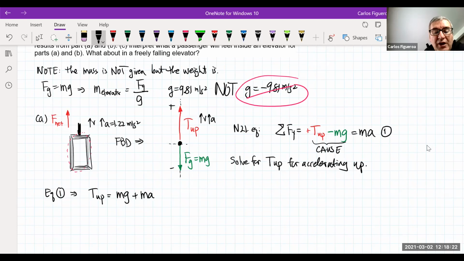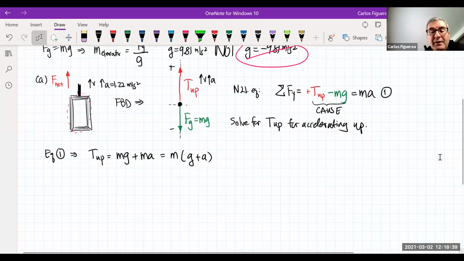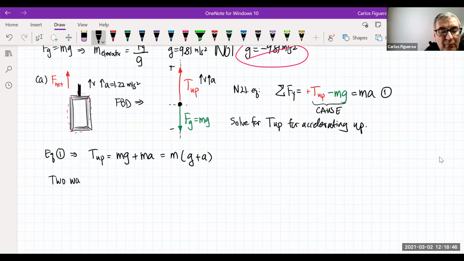Note that we do not have the mass. So I'm going to factor out the mass, and note that this is g plus a. Now there's a couple ways that you can deal with this. There are two ways to get the mass. One way is just to calculate the mass.